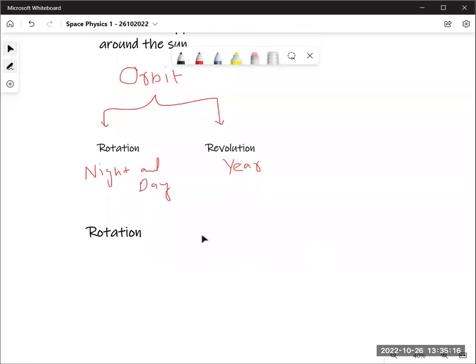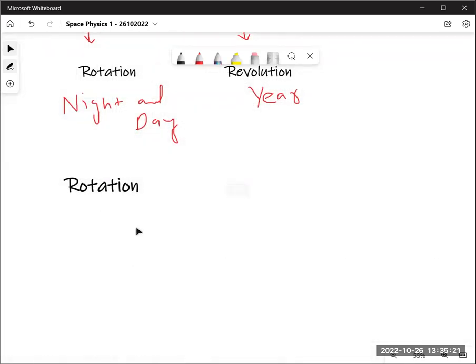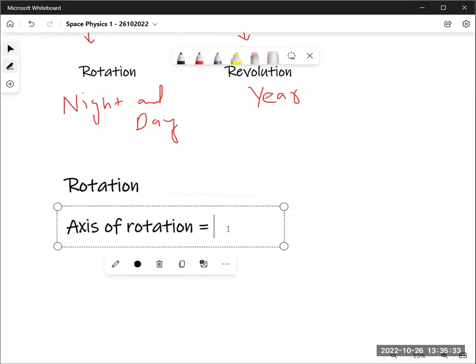First thing first is axis of rotation. Axis of rotation is equal to 23.5 from vertical.